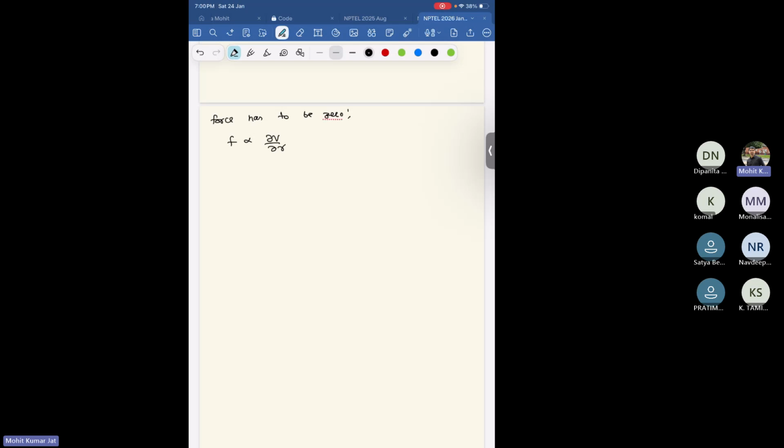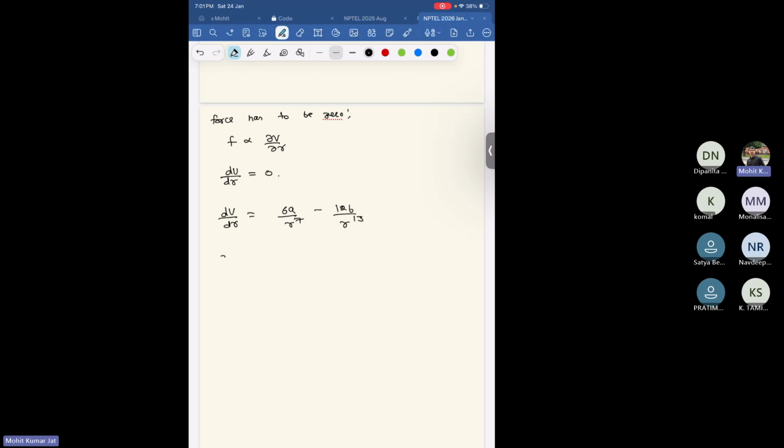So we take the derivative of the given Lennard-Jones potential and set it to zero, right? So let's differentiate. If we differentiate, del V by del r, what we get is 6A by r to the power 7 minus 12B by r to the power 13.